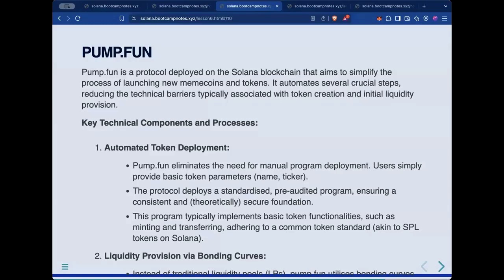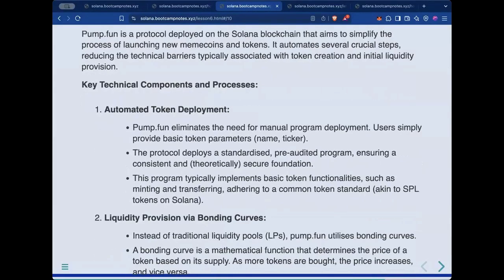I suppose it does have the advantage that the way it does that is standardized, and means that it's audited, and so potentially that's more secure.